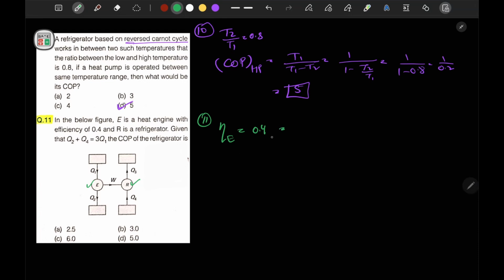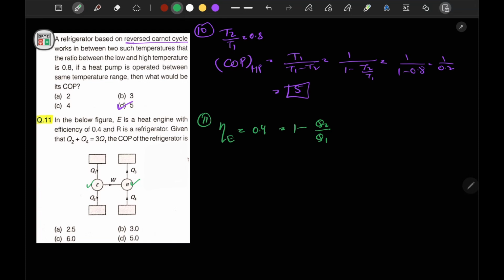First, write the efficiency: W upon Q1, where W is Q1 minus Q2, or 1 minus Q2 by Q1.